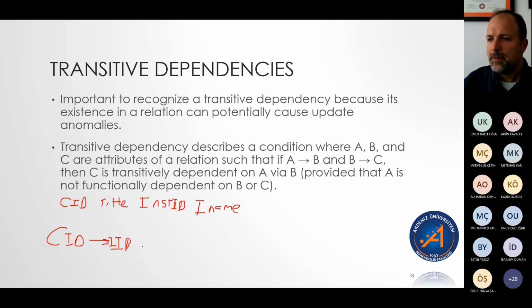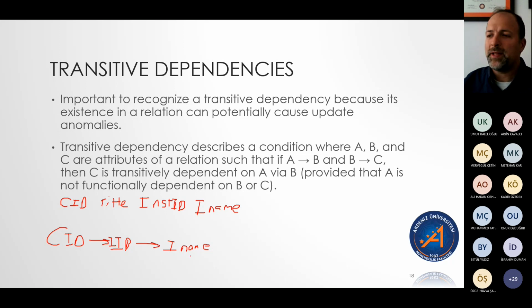But instructor ID itself determines the instructor name. So we have a transitive dependency. Does the course ID, in this case, determine the instructor name? A course can have only one instructor, right?